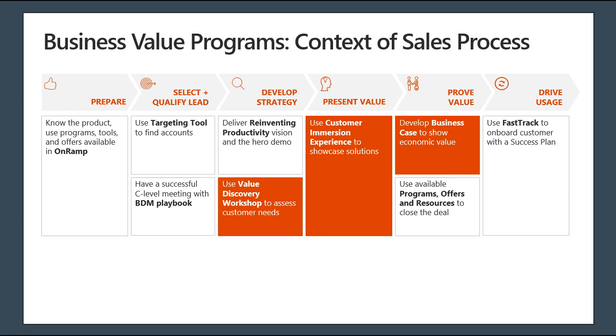So right when you have a chance to deliver a Value Discovery Workshop, you do that when you start to know who the customer is, and you gain your foothold into their BDM inventory, if you will. In that middle of the process is when we start to think about using the VDW to tackle their efficiency problems, and then we show them with CIE, and of course, at the very end, you use the VOO, the Value of Office calculators, to deliver the business value to them.